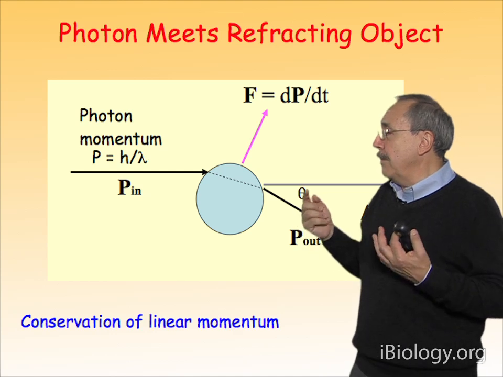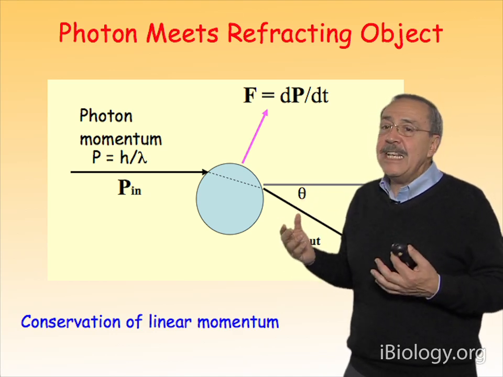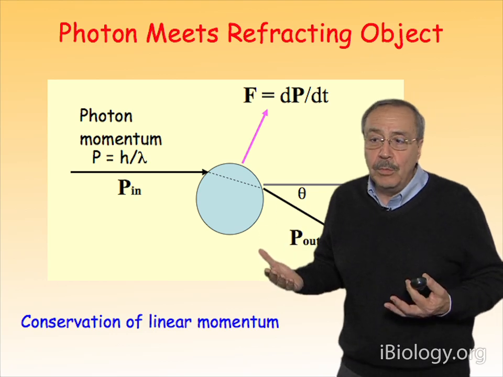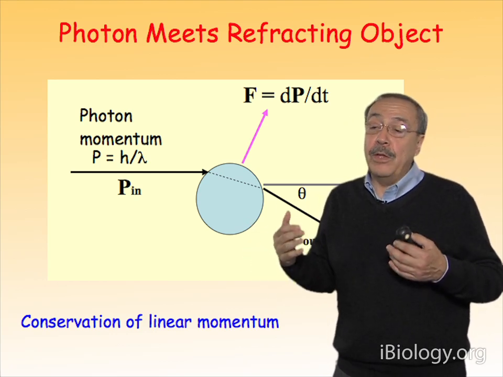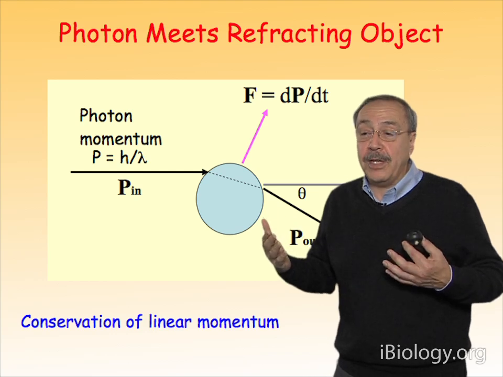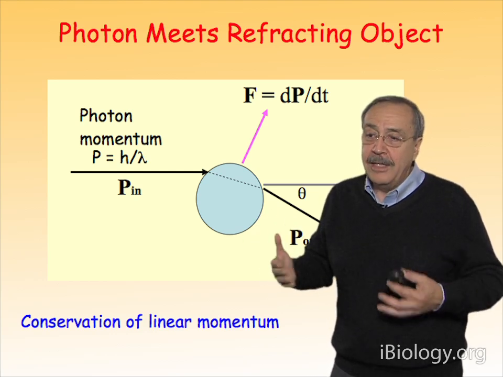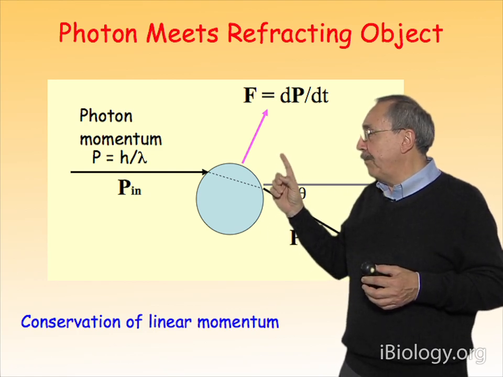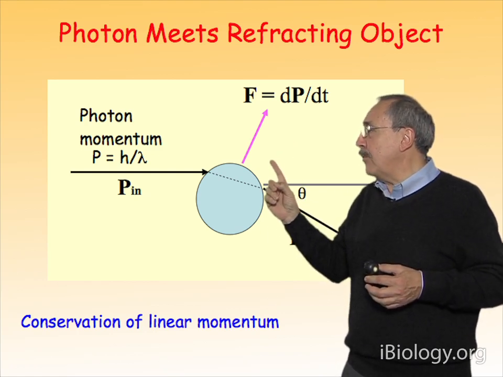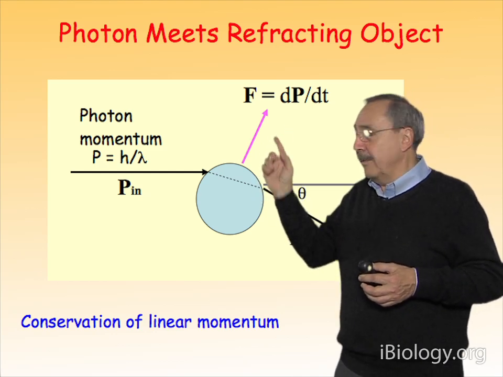Essentially, because momentum is a conserved quantity in nature, the rate of change of momentum of the light is equal to the rate of change of momentum of the object with an opposite sign. The rate of change of momentum, of course, is a force that acts on the object, in this case this arrow, that tends to kick the bead upwards and forward.